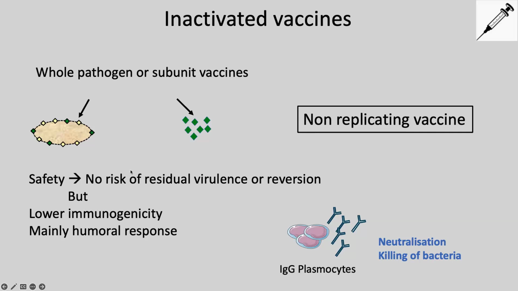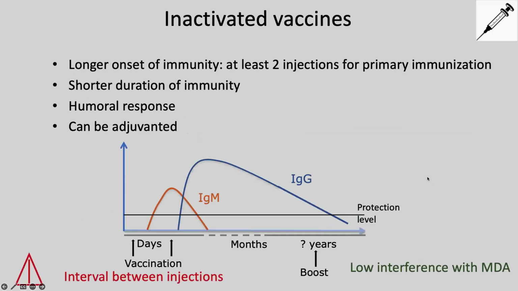So regarding safety, we of course have no risk of residual virulence or reversion. But on the other side, they induce a lower immune response, and this response is mainly a humoral response with antibodies. And this will have consequences for the protocol.